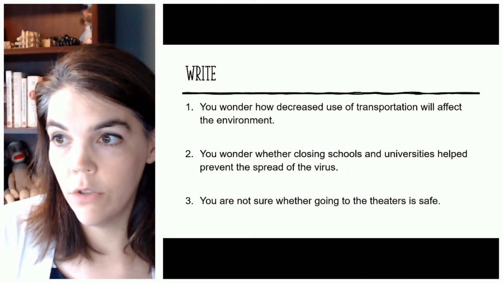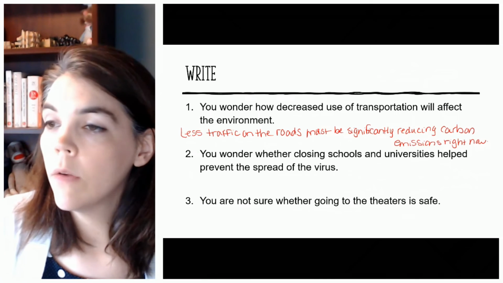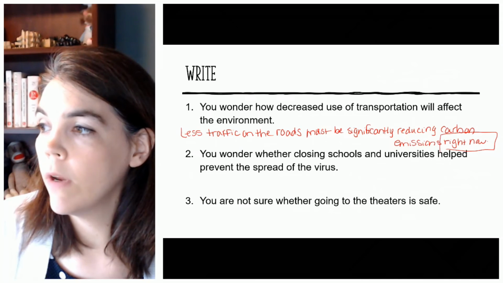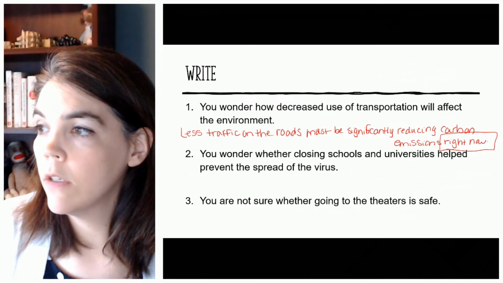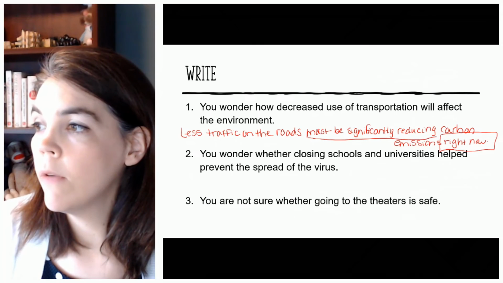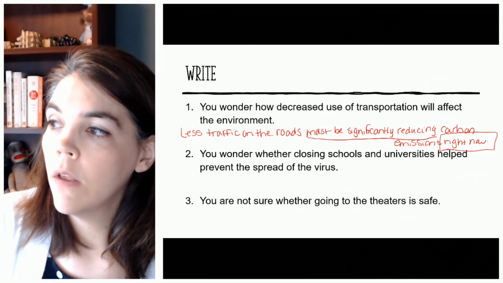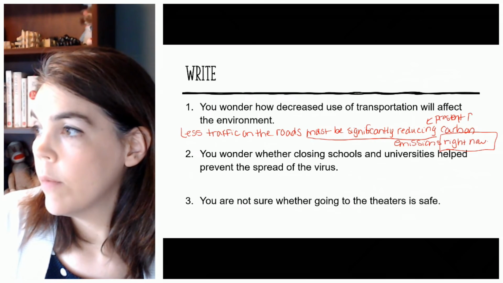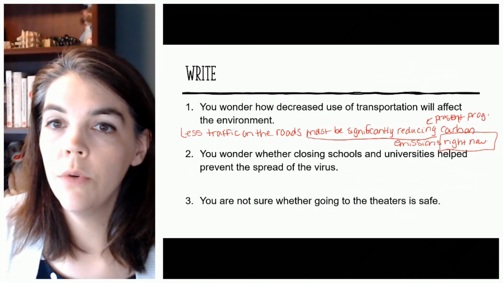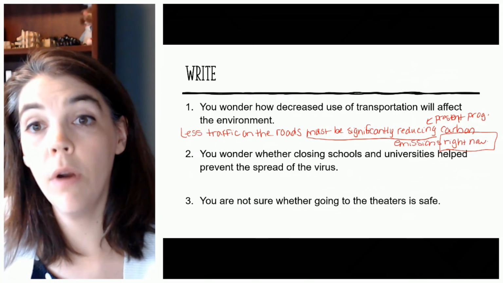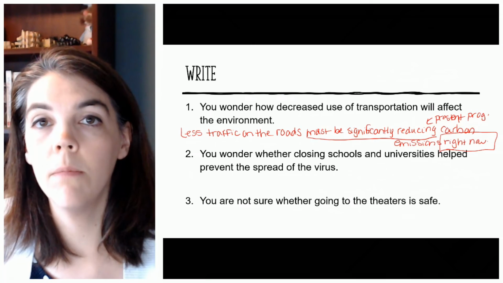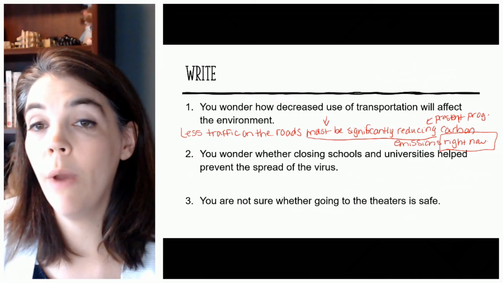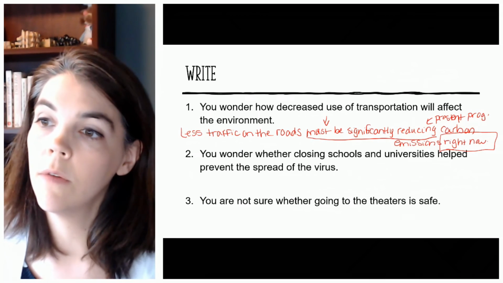Well, I decided to write, so notice that I added right now just to help make the time frame clear, and I decided to use must be significantly reducing. So I'm actually using a present progressive tense here to indicate that process, this ongoingness. It's in the process of being reduced, and I'm using my modal of certainty to show you how I feel about how certain that is.